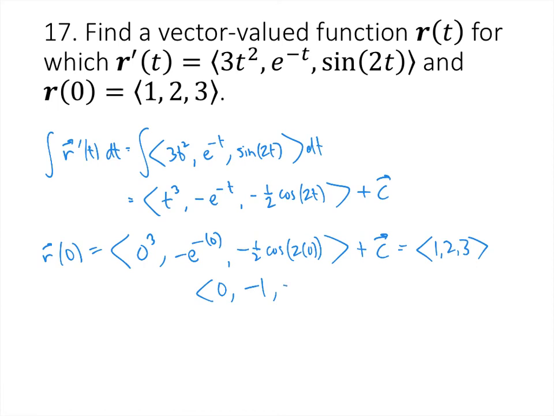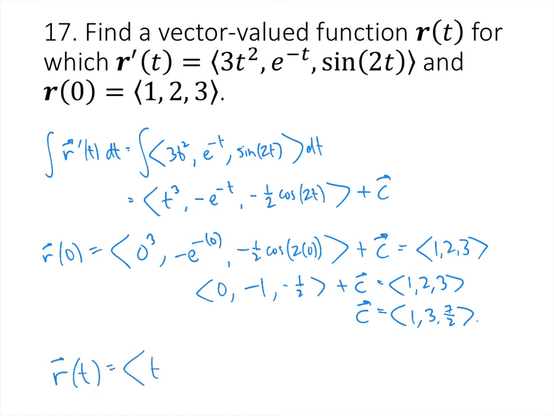Cosine of 0 is 1, so we get negative 1/2, plus c equals 1, 2, 3. So that means that c equals 1, 3, and then 3 plus 1/2 is 7/2. So the function we're looking for is t cubed plus 1, minus e to the minus t plus 3, and then minus 1/2 cosine of 2t plus 7 over 2.